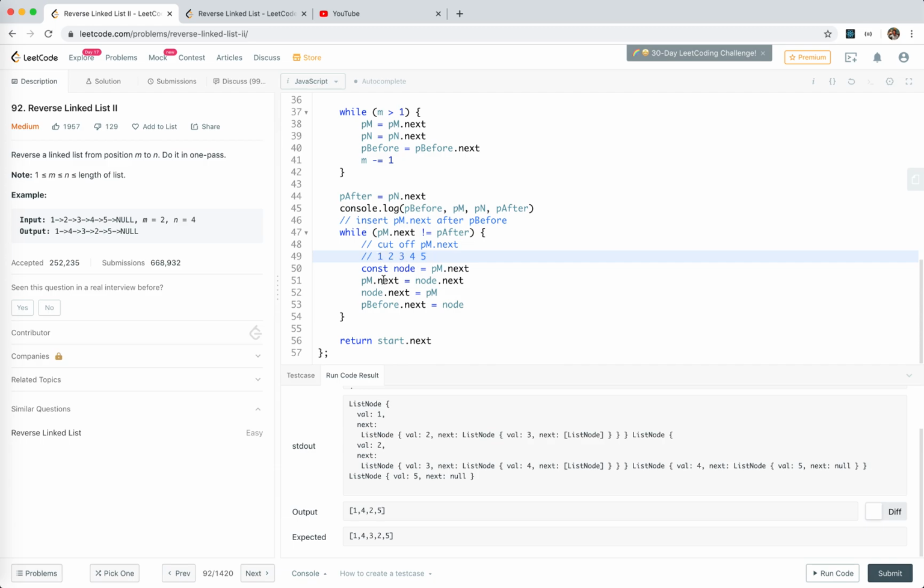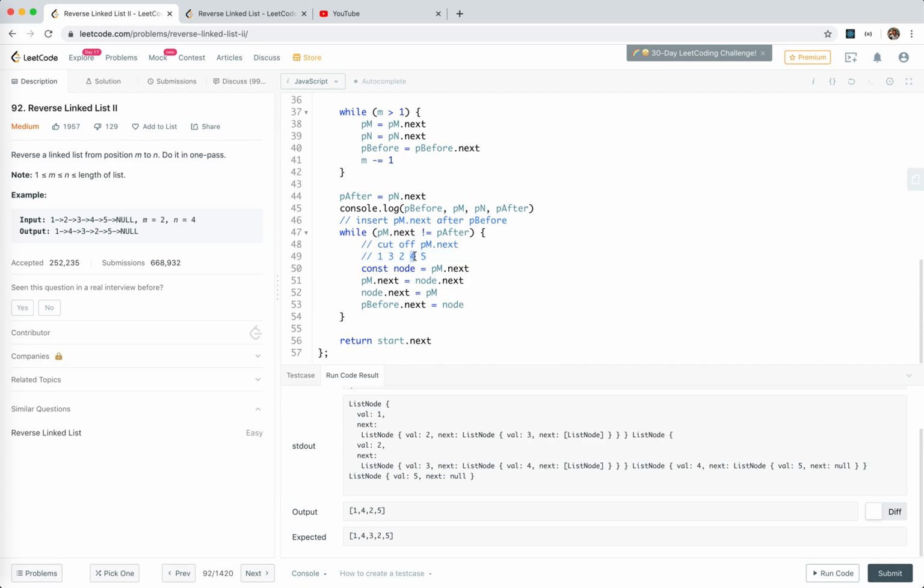We cut 3 off. 3's next is set to 2's next, set to 4, right? And then node next set to PM, 3 set to 2, and then pivot 4 next set to node. So P before is 1, 3, 2, 4, 5. This is right. And now do it again.